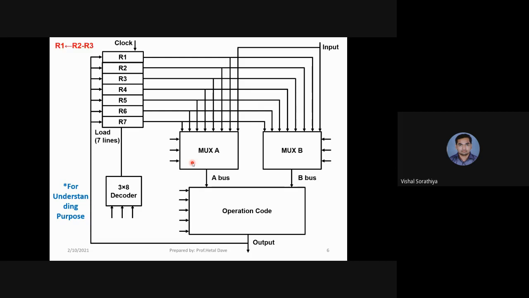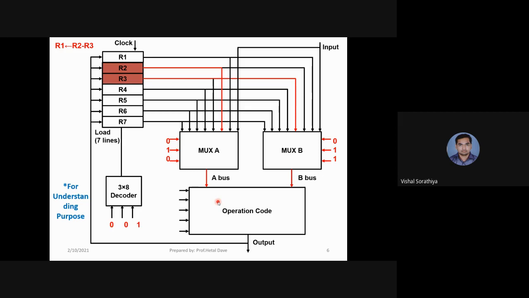So I need to transfer the data R2 minus R3 and transfer it to R1. For that I need to give 0, 0, 1, so R2 will get enabled and data will come over here. Then 0, 1, 1, R3 gets enabled and data comes here.